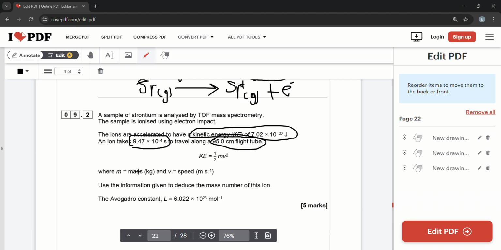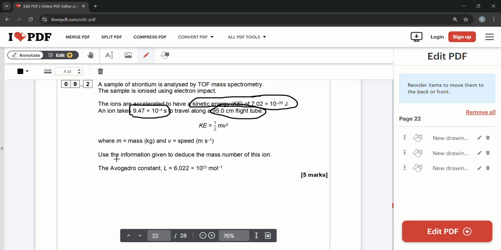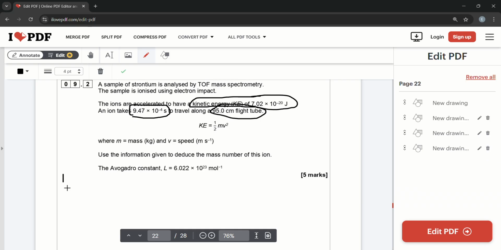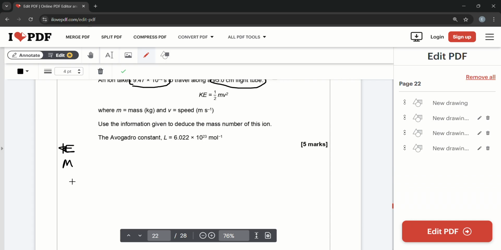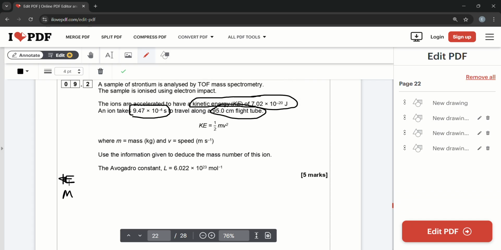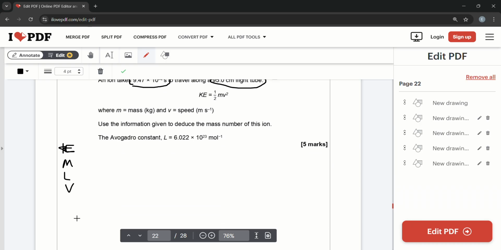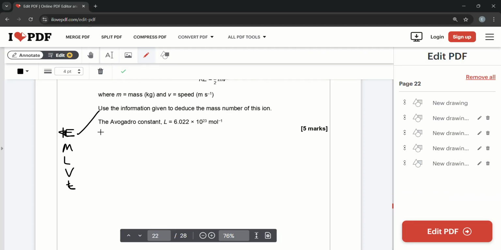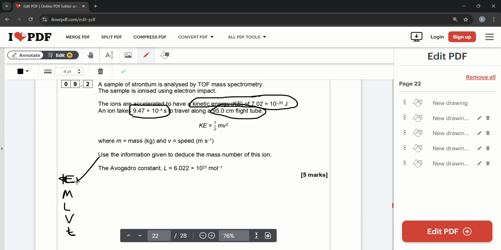We've got kinetic energy. We've got the mass? No, we don't have the mass. We have the length, velocity, distance, and time. We have the time. We have the length in centimeters. Obviously, we want it in meters, so we'll divide by 100.